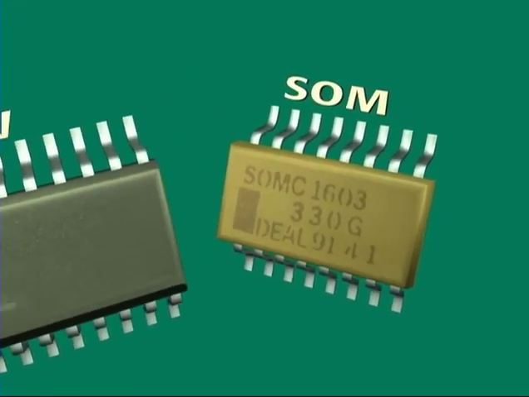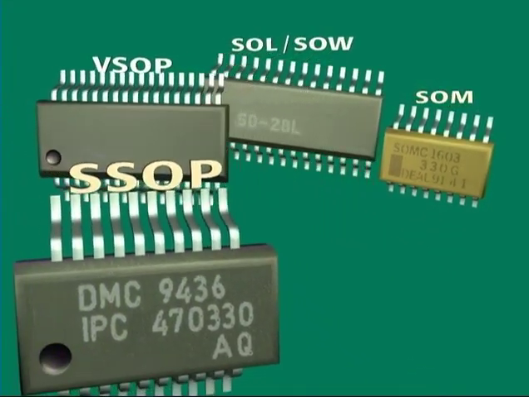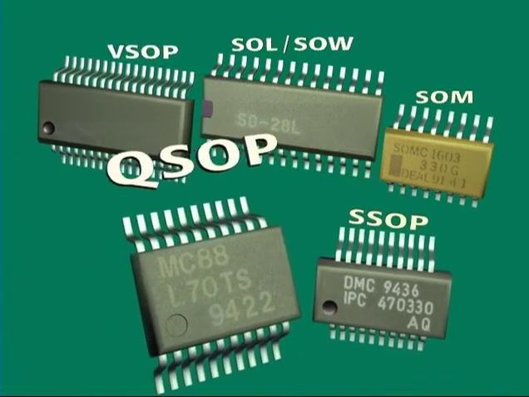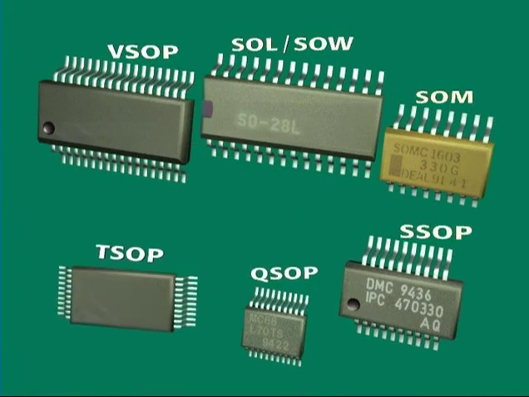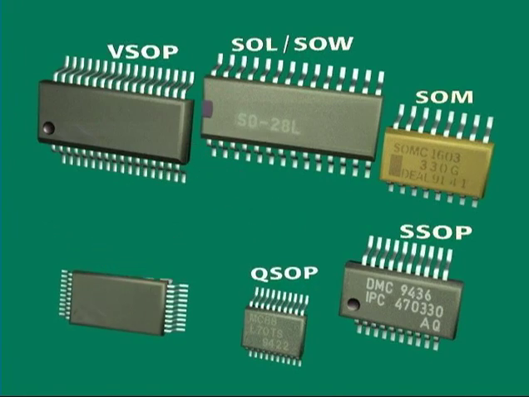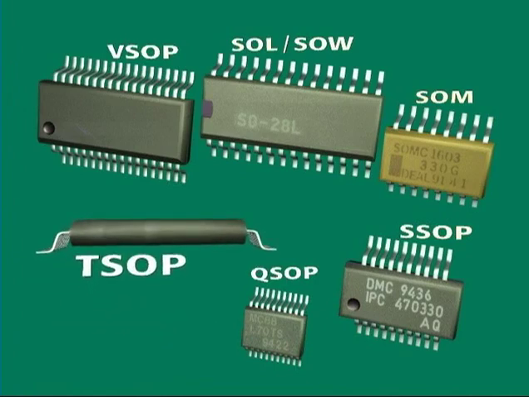Other styles of SOICs are all gull wing leaded components that usually begin with the letters SO for small outline. The remaining letters indicate the size of the component package, the composition, P for plastic or C for ceramic, or the thickness of the body, where T refers to thin packages.